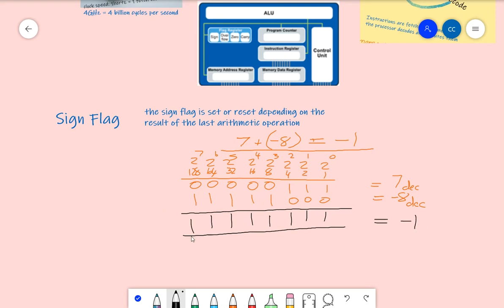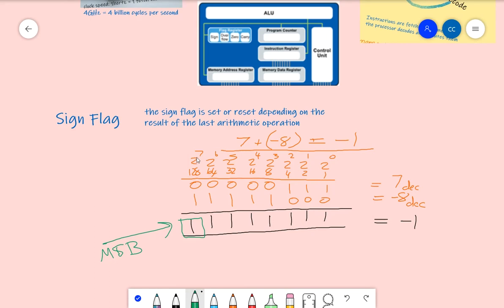Now, to check it, the most significant bit has got a 1 in it, which means this number is a negative number. And you know in 2's complement, if the most significant bit has a 1 in it, then whatever place value that is for that most significant bit, it's a negative.